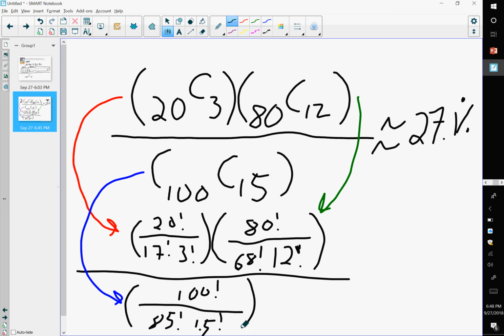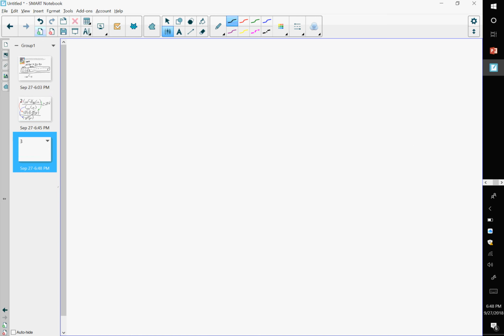Now if you put this in your calculator, those may be some numbers that are way too big. So I can show you what I went ahead and calculated.